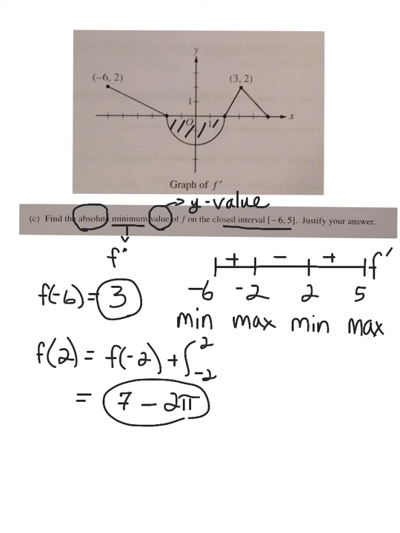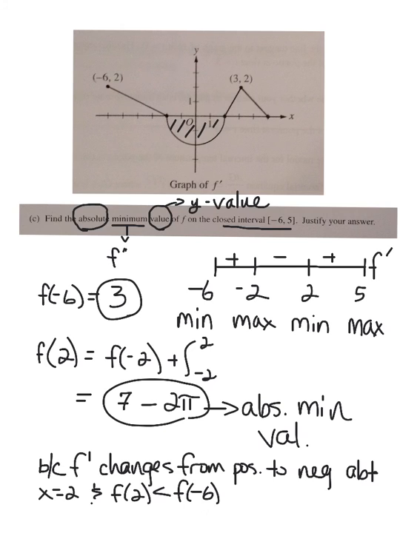So then our absolute minimum value would be 7 minus 2 pi. And then your explanation would be what I have right here, because the derivative changes from positive to negative about x equals 2. And you do have to state that f of 2 will be less than f of negative 6.